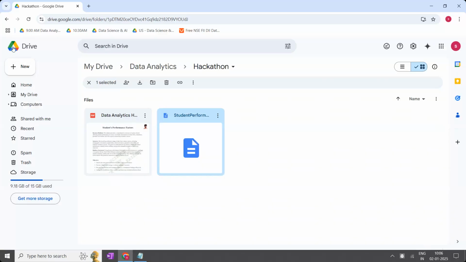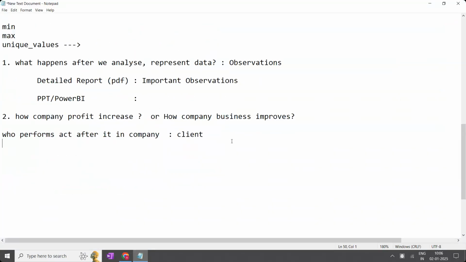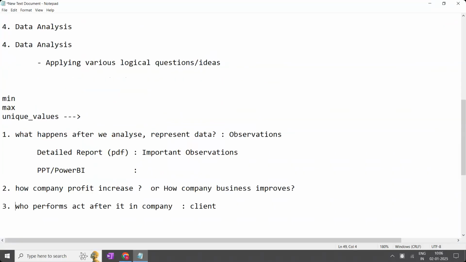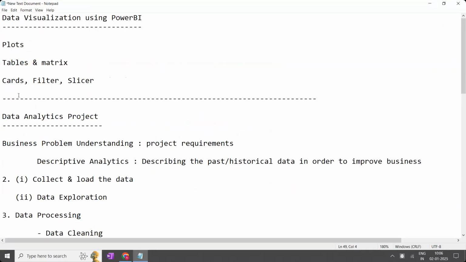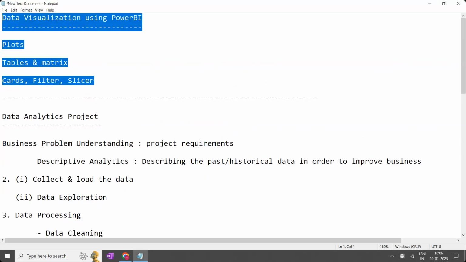Now, why I explain this today in this class is that whatever we have discussed earlier in Power BI using the plots, tables and matrices, first, based on this, you have to complete one task or one project. Because once you understand this, you'll understand the advanced DAX functions.